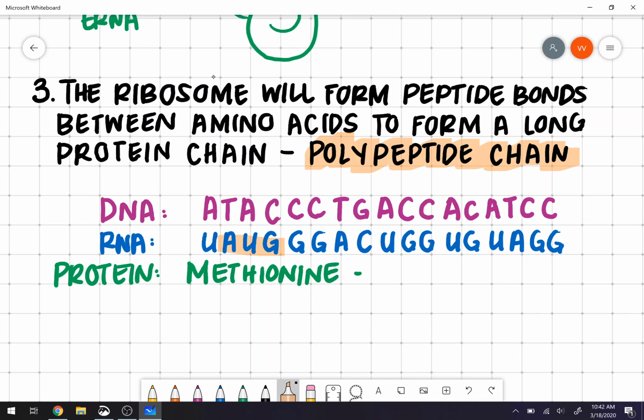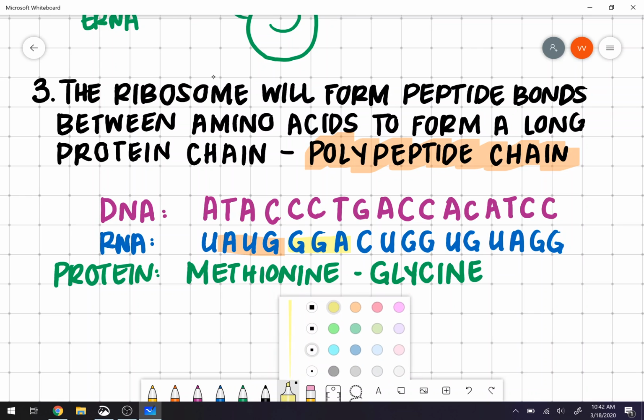Our second codon is GGA. You could probably do this faster because you probably have the amino acid chart somewhere, unlike me. So GGA is going to be glycine. Okay.